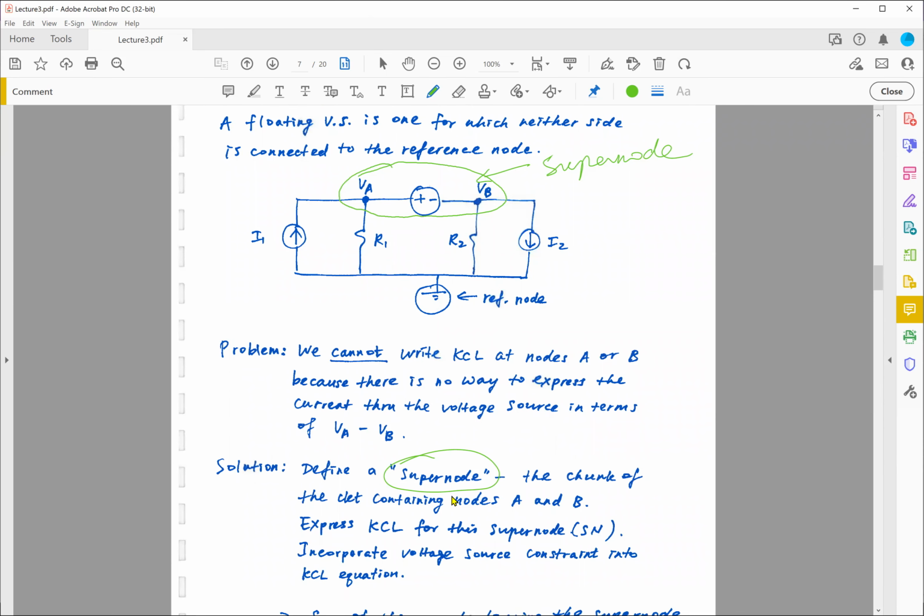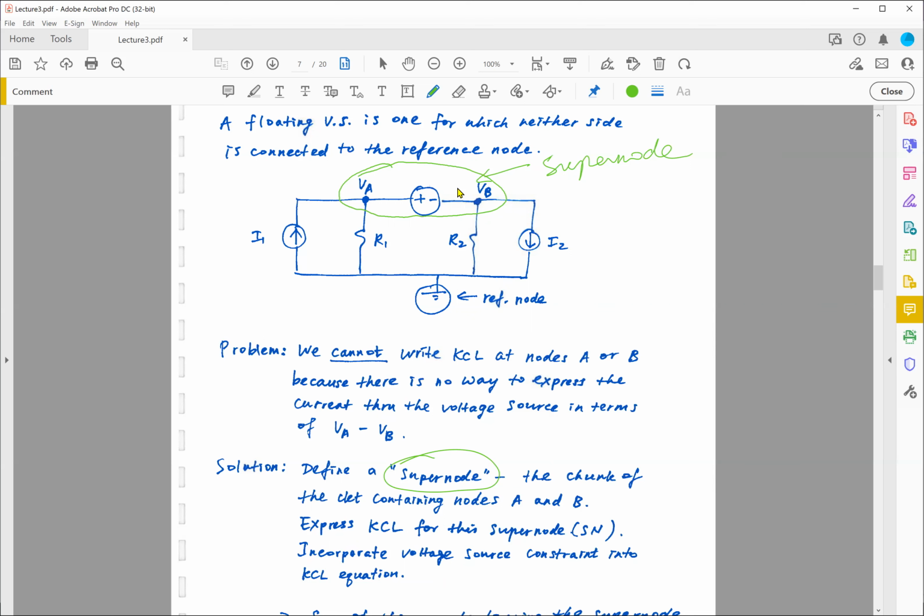So in such case, I can go ahead and write a KCL for this particular supernode. But then you're going to say, well, wait a minute. If I write a KCL equation for this supernode, we still have two unknowns, that part will not change.